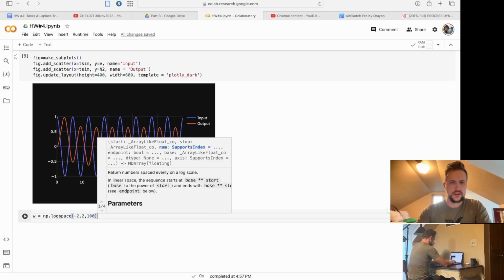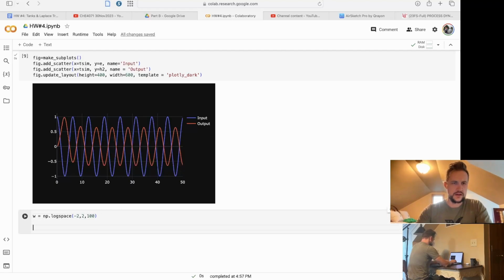Let's say 100, and then next up, we're going to bring in our Bode tool, our Bode diagram. First we're going to be assessing our frequency. We're going to be assessing our amplitude ratio in decibels.